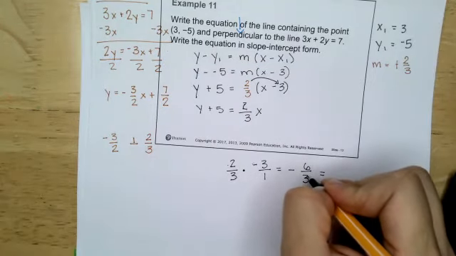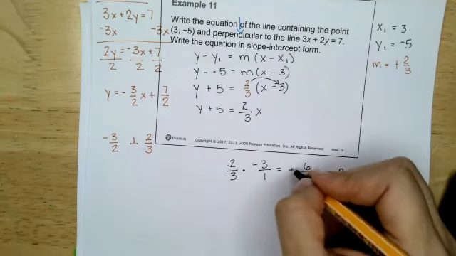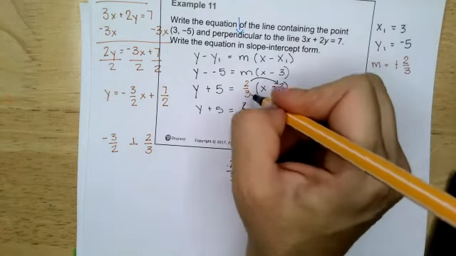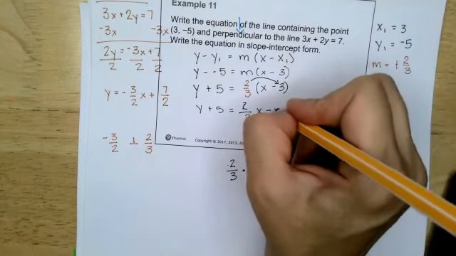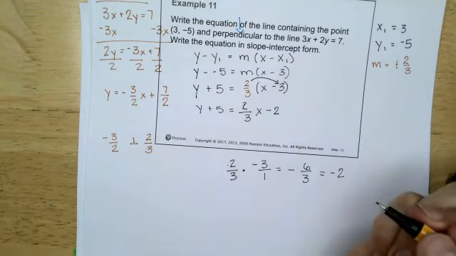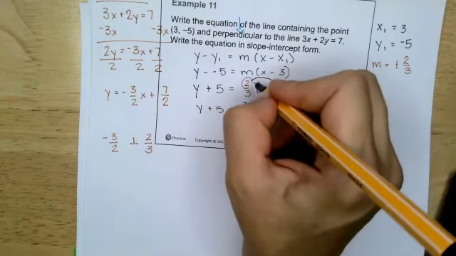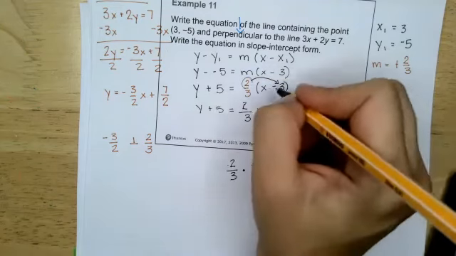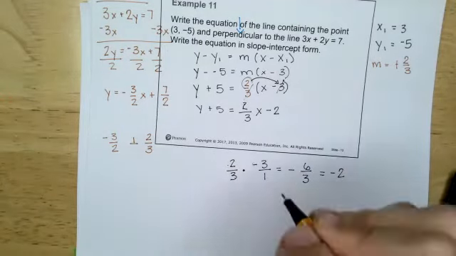Negative 6 divided by 3 is negative 2. Or you could say this 3 cancels out this 3, but the 2 is negative, if that was easier for you. The 2 is being multiplied by a negative 3 but then divided by a positive 3. So those 3s cancel out, but the negative sign doesn't.